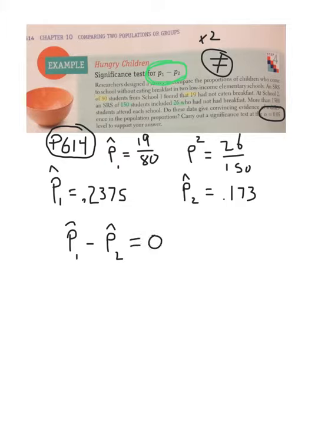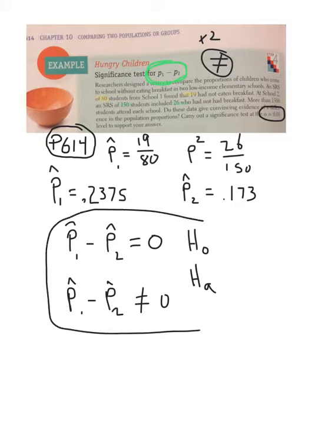No change. They're both the same. And that's our null hypothesis, right? And then our alternative hypothesis is going to be p hat 1 minus p hat 2 is going to be something other than 0, right? That's our alternative hypothesis. Okay, so that's a good thing to get used to.